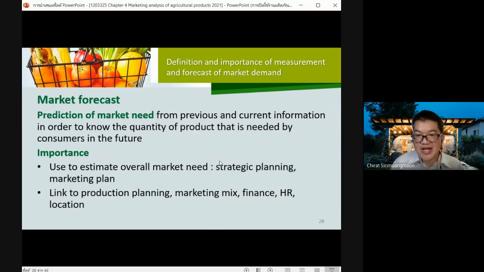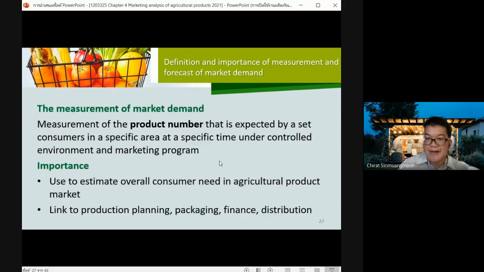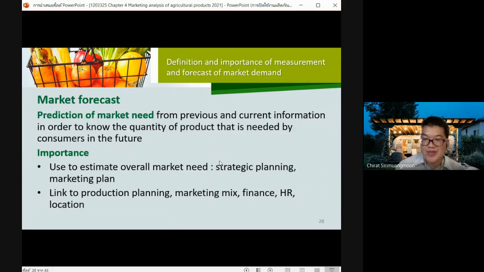And then we can have the market forecast. Market forecast is when you predict or guess what will happen at a specific time. In this case, market forecast is the prediction of the market needs from previous and current information. They use this in order to think about what will happen in the future. It is also important because it is used to estimate the overall market needs. It's like the measurement of the market demands too, because you need to think about what will happen in the future.